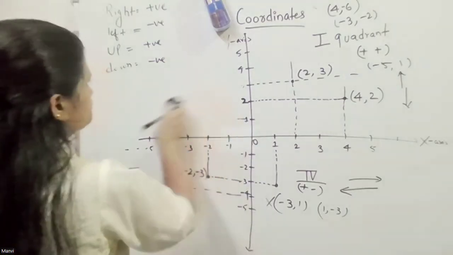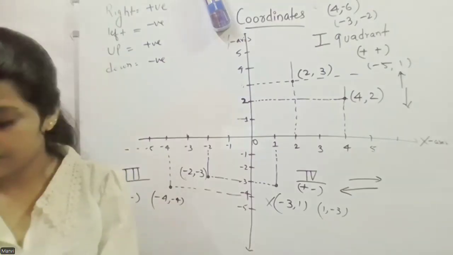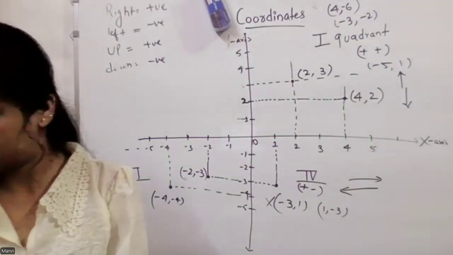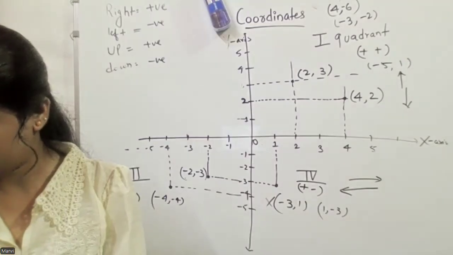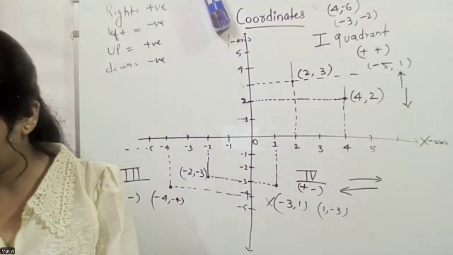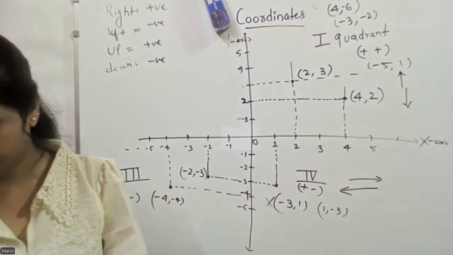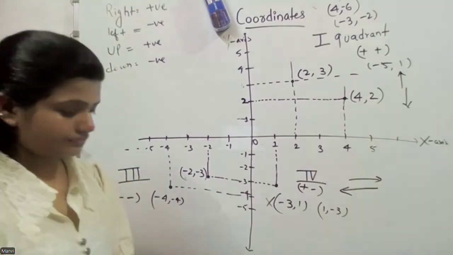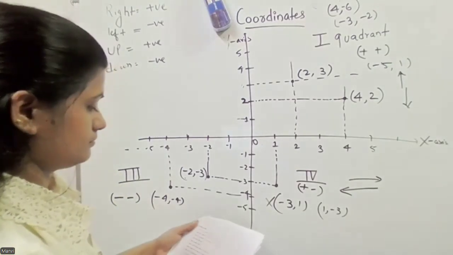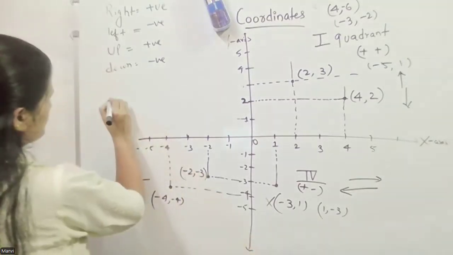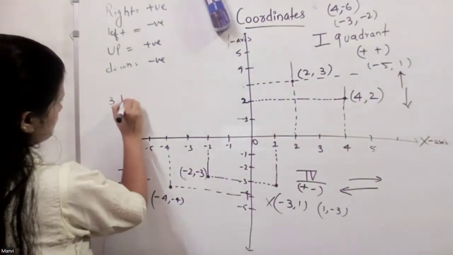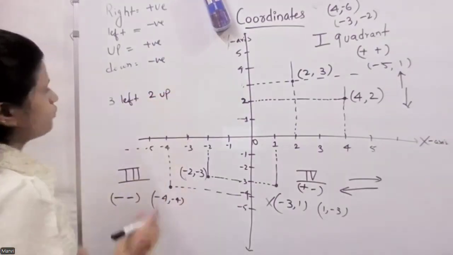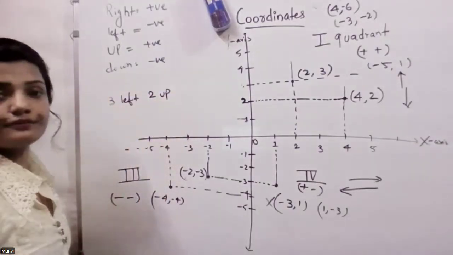Now, some questions for you. 3 left and 2 up. What will be the coordinate of this, Kavya?